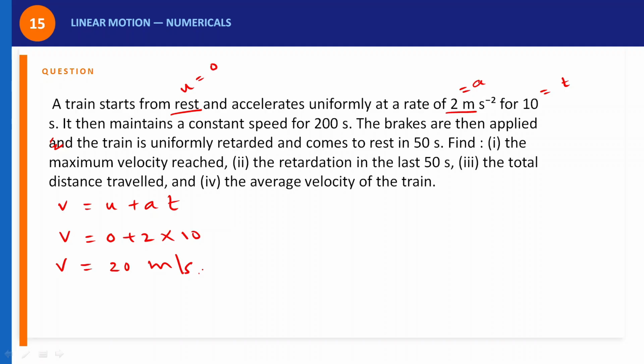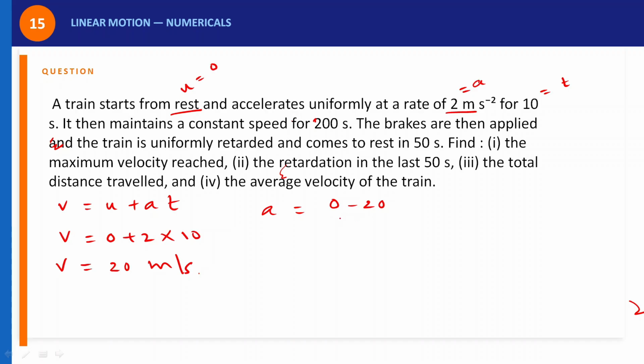After the first 10 seconds, the body covers a certain distance with the same velocity, uniform speed. Retardation needs to be found out. Then a equal to final velocity 0 minus initial velocity 20.